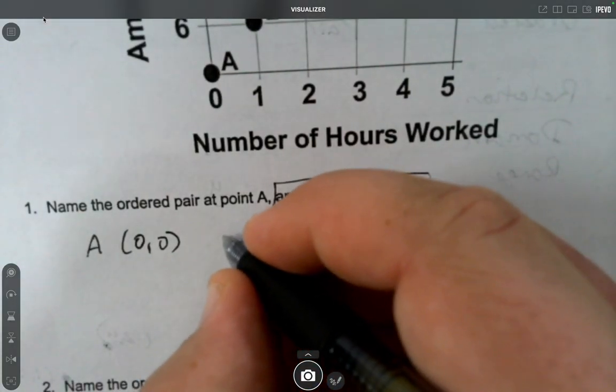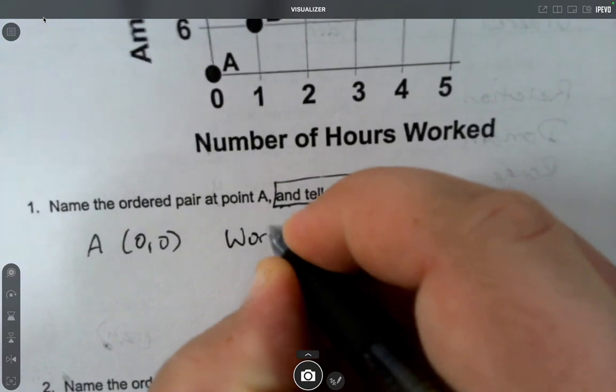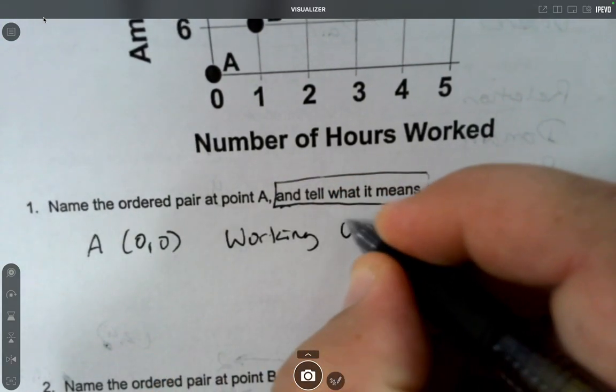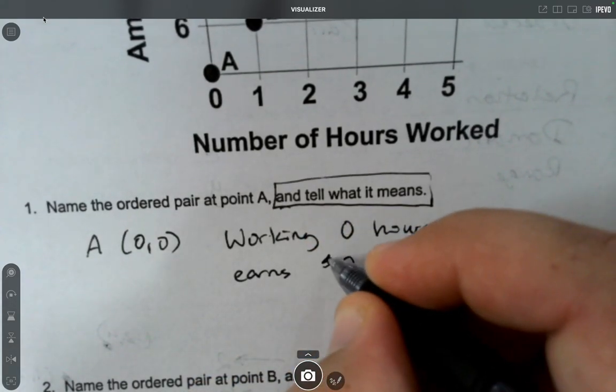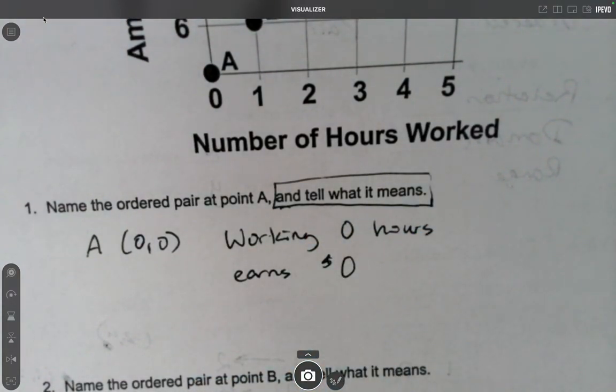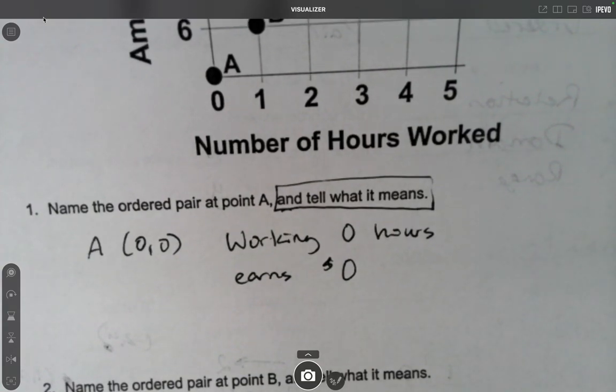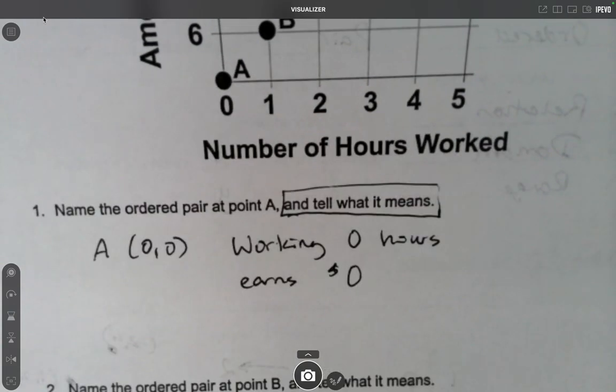So you could say this means working 0 hours earns $0. And it's okay if you word it slightly differently, as long as you understand the point. You could say something like, if you don't work any, you don't earn any money. That's also true.